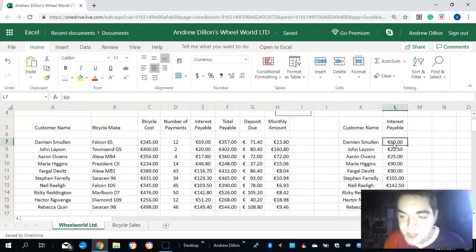Now these were only just my guesses. So I'm going to put the answers in. It says interest payable, which is the answer here. It's 69. So I'm going to change 60 to 69.